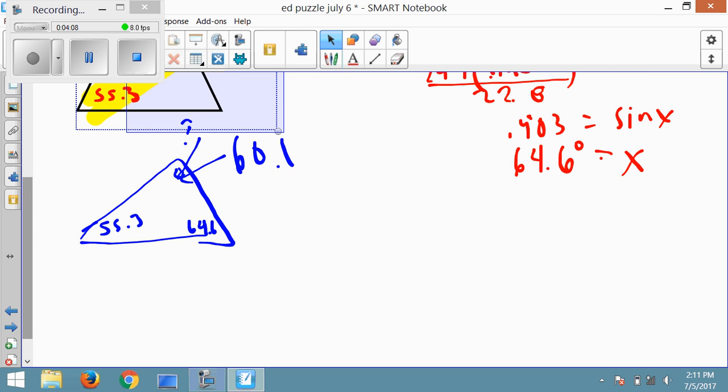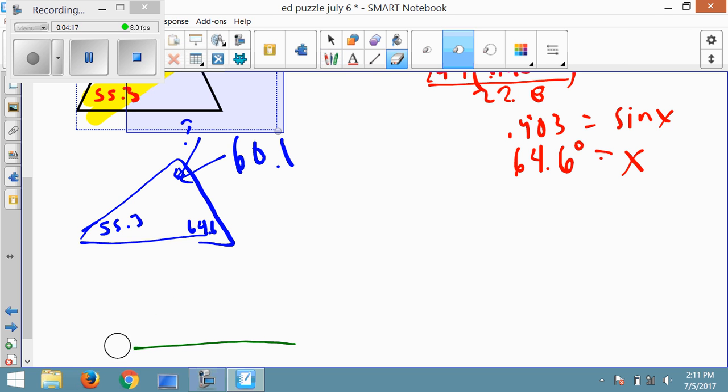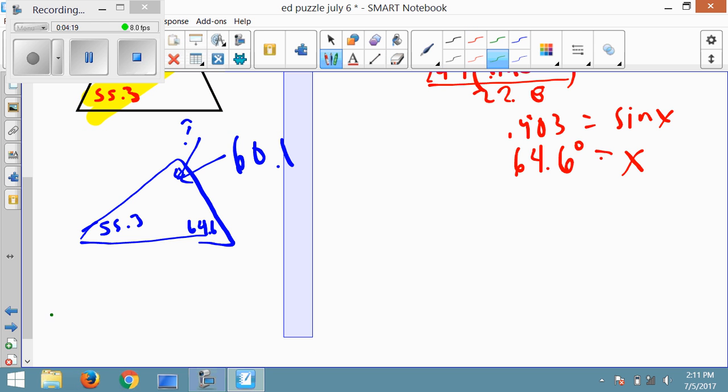Now, the other thing that could happen, as we know, 64.6 degrees could be a reference angle, and sine is also positive in the second quadrant.